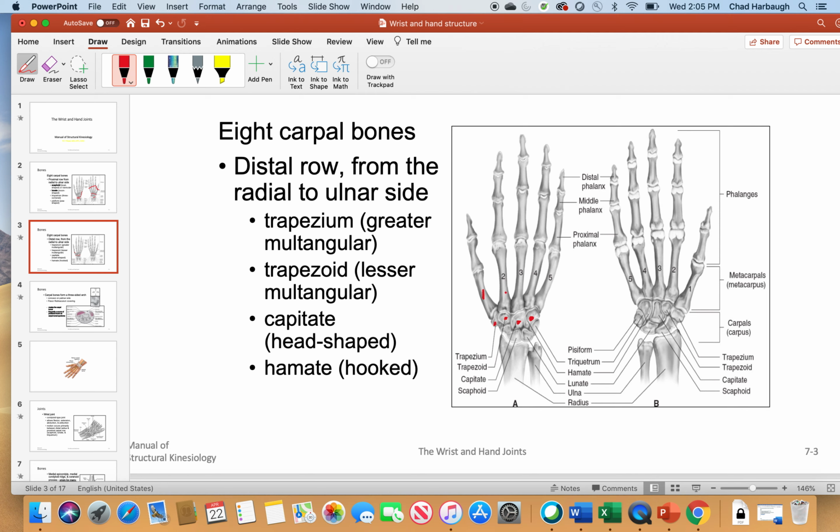The one that's mostly articulating with the index finger is going to be the trapezoid. The one that's articulating with the middle finger would be the capitate. And then finally, between the ring finger and the pinky finger, 4 and 5, we see the hamate or the hook-shaped bone.